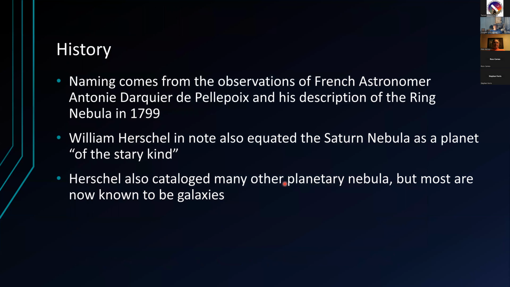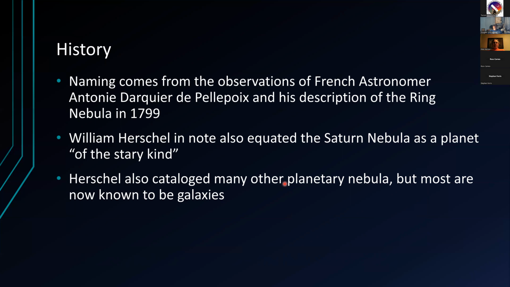The naming for planetary nebulas actually comes from French astronomer Pollux. I'm not going to pronounce the rest of his name because I will get the middle of it really butchered. It came from him studying the Ring Nebula, which is another example of a planetary nebula, in 1799.